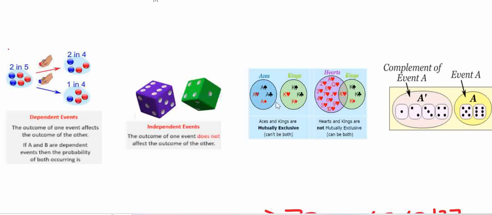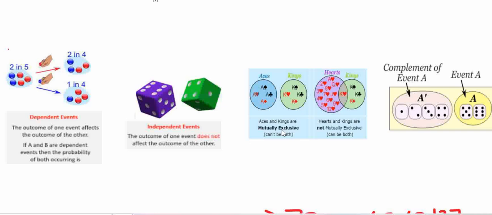Like from a set of cards, there are 4 aces and 4 kings. So the events of picking an ace or picking a king can't both happen.